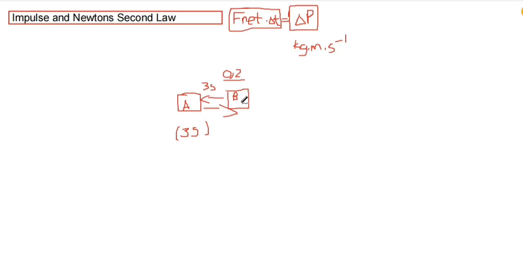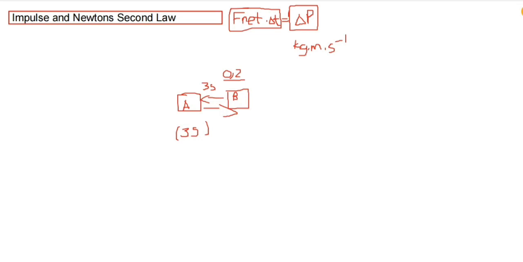Remember, these objects, they collided with each other and then afterwards they moved apart. But for 0.2 seconds, these objects were in complete contact with each other. So they were touching each other for those 0.2 seconds during which they exerted that force on each other.